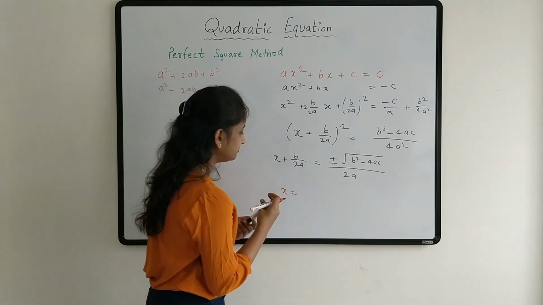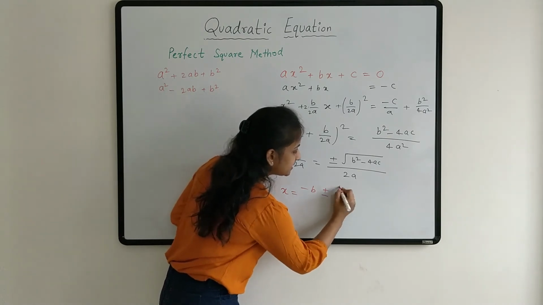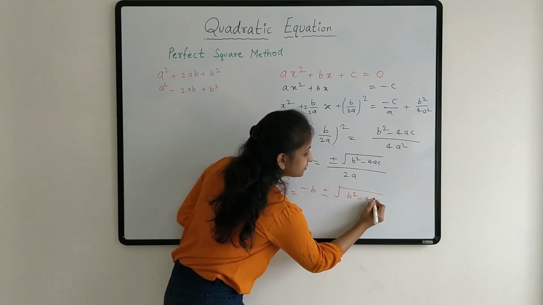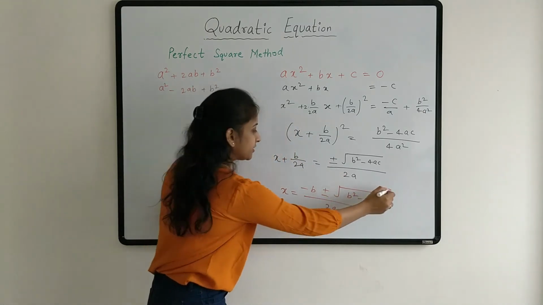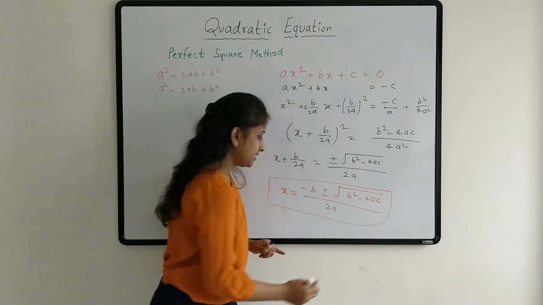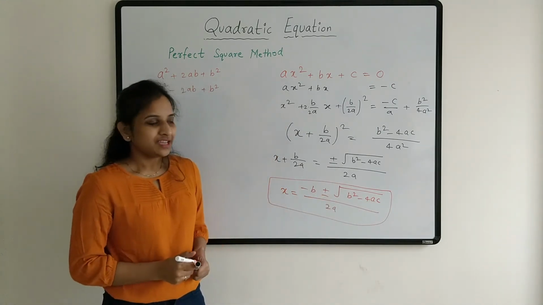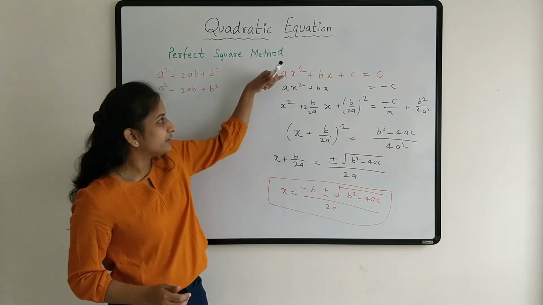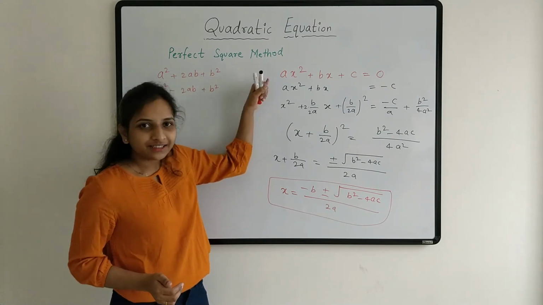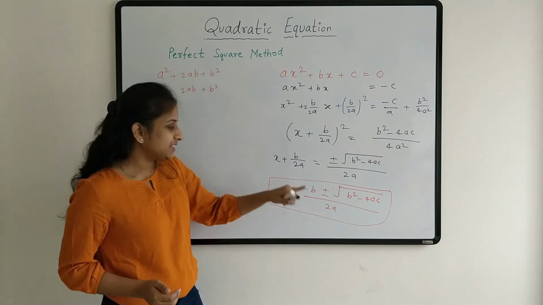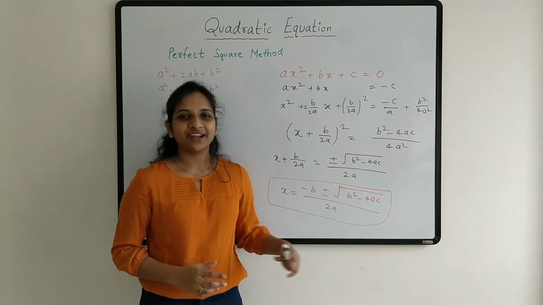Sending this term here, x is equal to minus b plus or minus square root of b square minus 4ac, divided by 2a, with 2a common. Plus or minus means we got two values. These are the two roots of the quadratic equation. Directly we can find the roots of any quadratic equation by this formula, by substituting the a, b, c values.